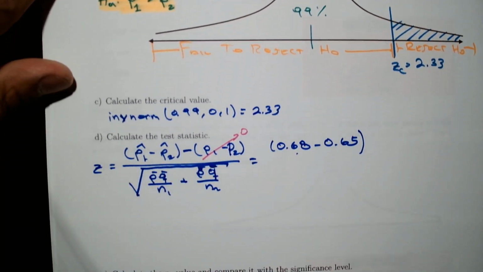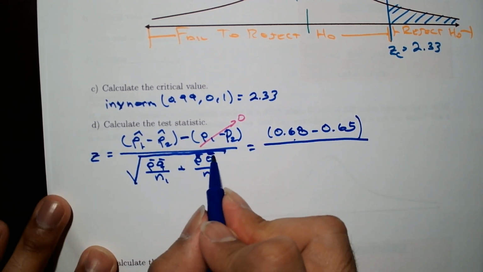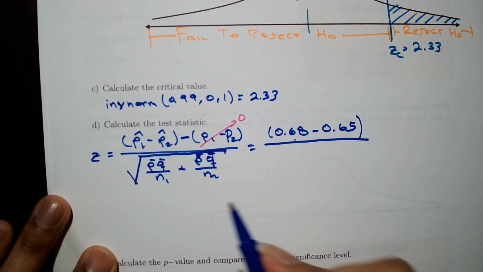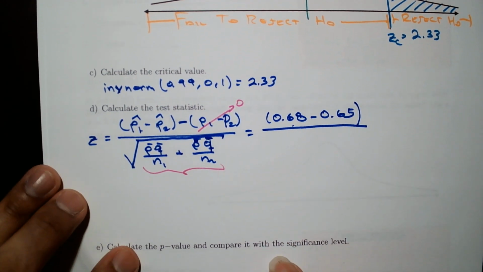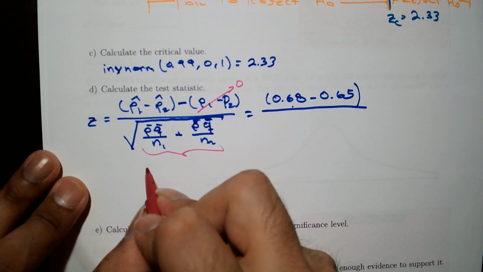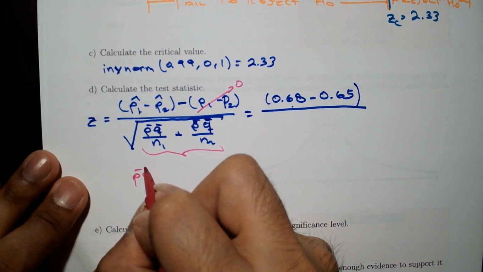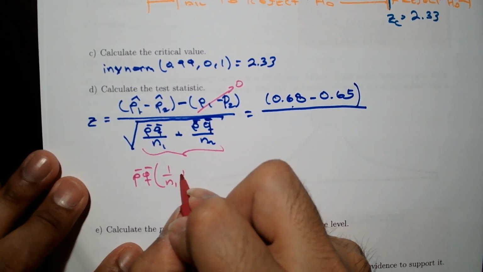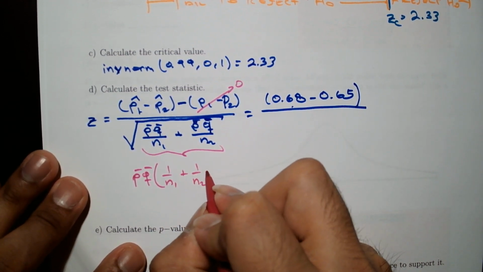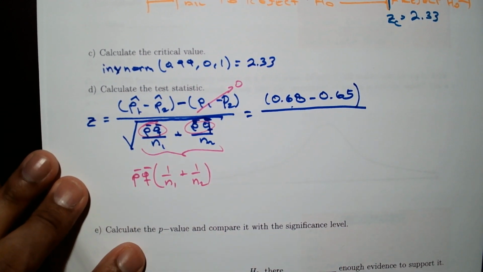And then divide everything by, to avoid a lot of symbols here, I can do p bar q bar times 1 over n1 plus 1 over n2, because if you notice, these two products have p bar q bar as the GCF over here.